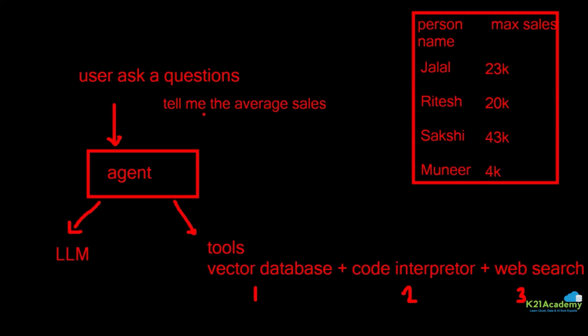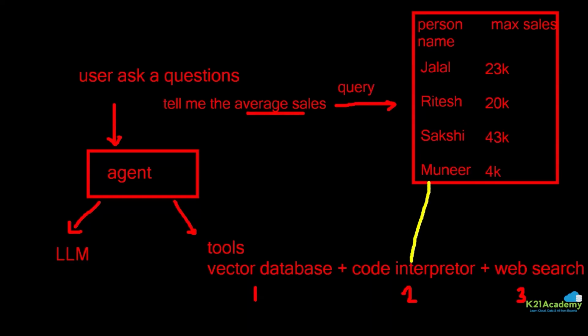Are we looking to do some arithmetic operation or not? We are looking to do arithmetic operation, right? In this kind of scenario where we are trying to do some query on top of our data, this is what we call query on top of our data. Try to make sense. So when we try to run a query on top of our data, that time we make use of something called as code interpreter.